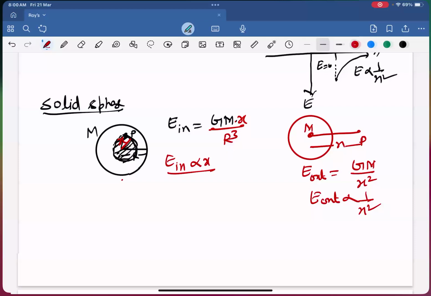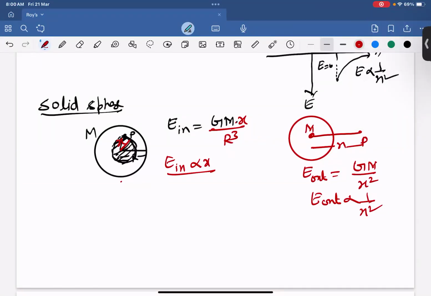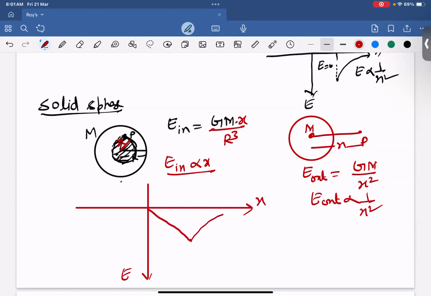So if I take a graph here, let's suppose I make a graph of a solid sphere. This is E with X. First it is proportional, so a straight line, and then it is inversely proportional, so this type of graph will come in the solid sphere.